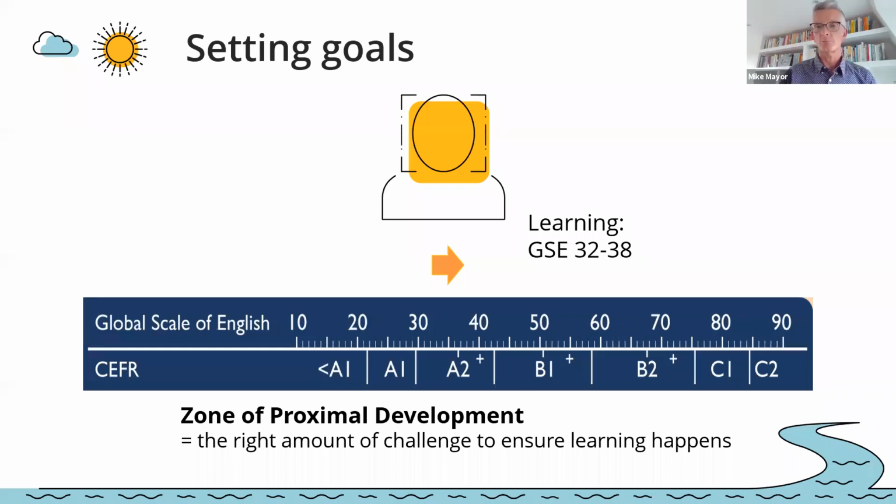And this, within the research science, is something known as the zone of proximal development, which, in layman's terms, is just the right amount of challenge in order to make progress. Too much challenge and the learner's probably going to give up. It's unachievable. So actually having these frameworks of learning objectives can help you to set achievable SMART goals for your learners.